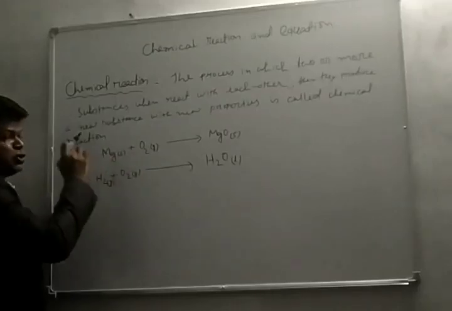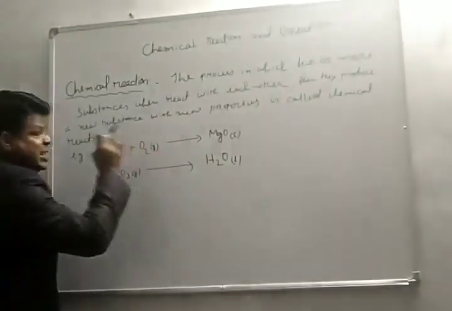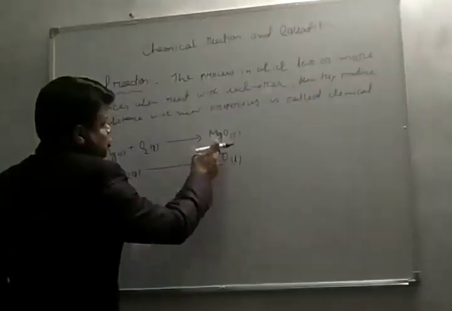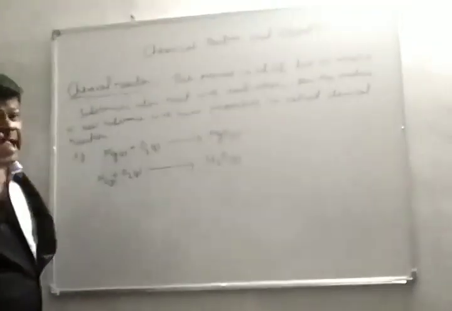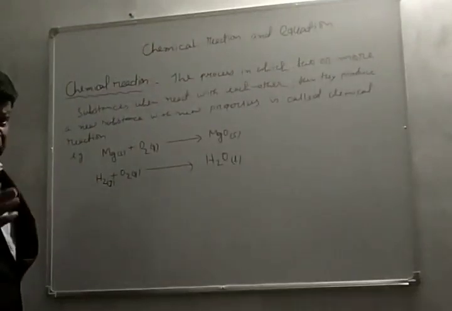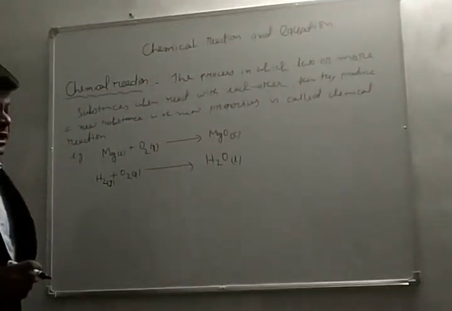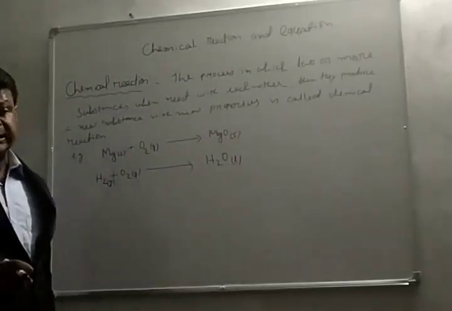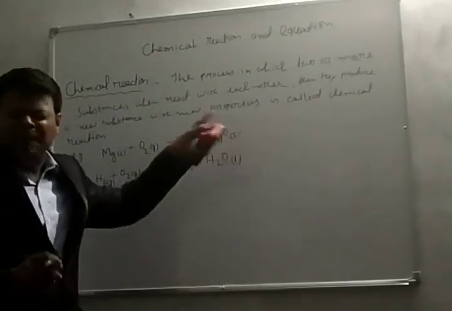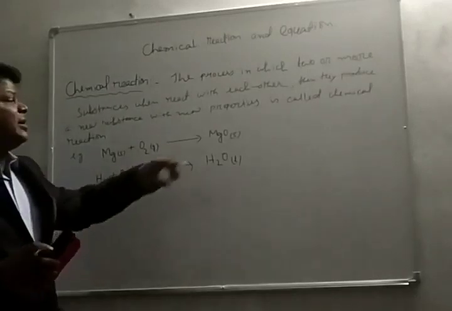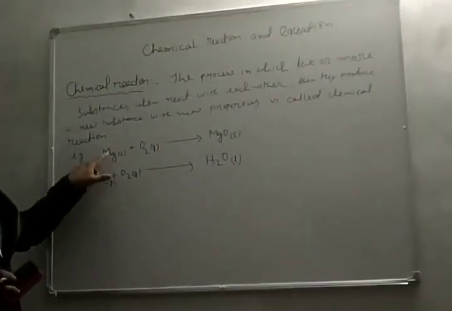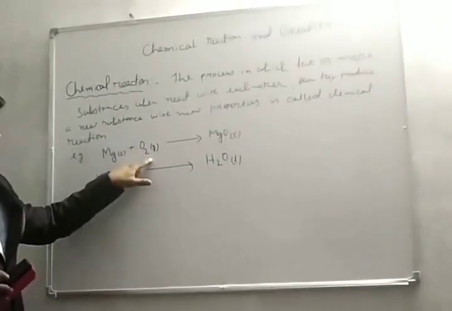When they react, they produce a new product, MgO, which is a solid. When we burn the magnesium ribbon, we get MgO, magnesium oxide, and it has completely different properties from the reactants magnesium and oxygen.